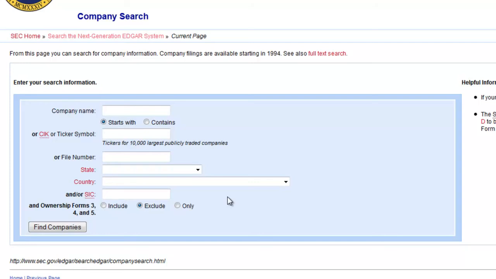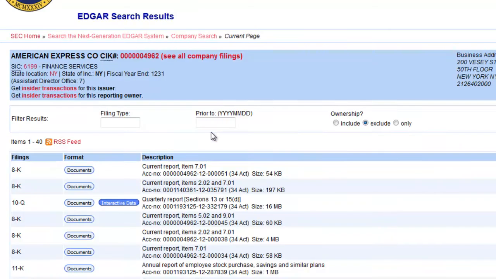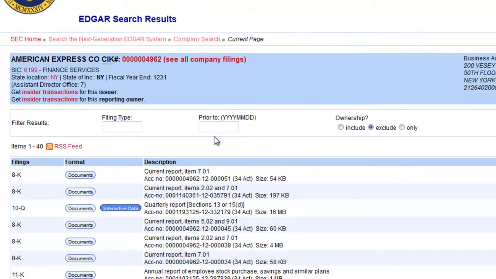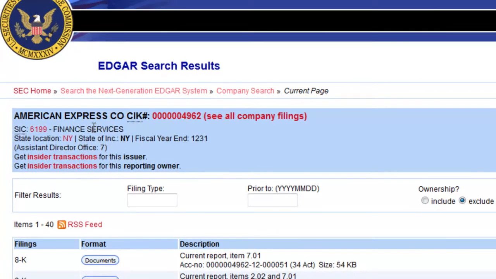So let's say we want to find all the competitors of American Express. Instead of using SIC search, I would just type in AXP for American Express and be taken back to the page that we were on before. But right underneath the name of American Express, we can find the SIC code. It is 6199.